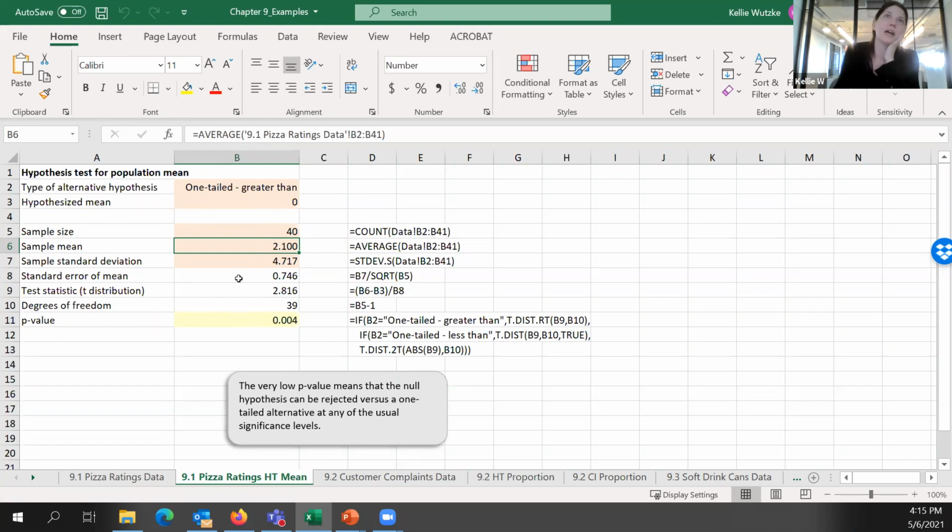That's exactly how we would interpret these results. This test statistic is telling you that you are about 2.8 standard deviations out. That also gives you another thing to look at. That's pretty good. It helps support the low p-value.